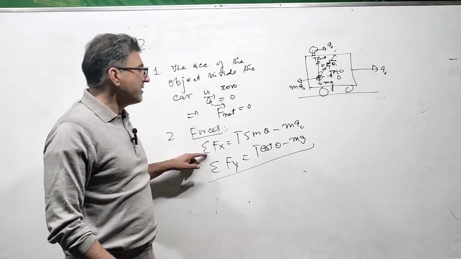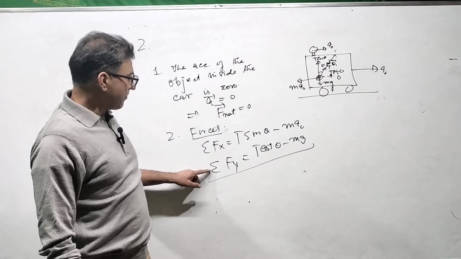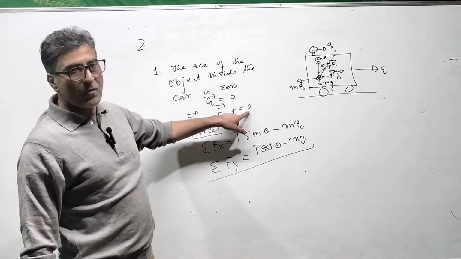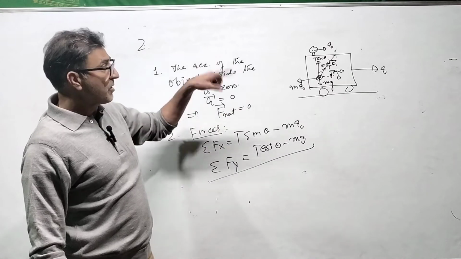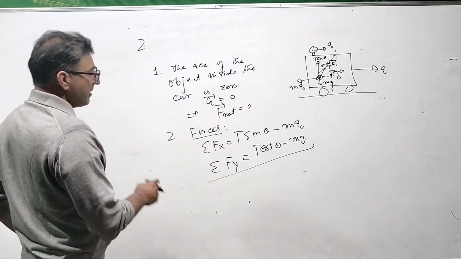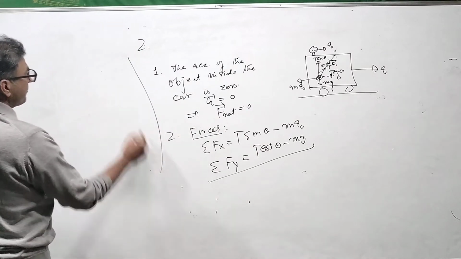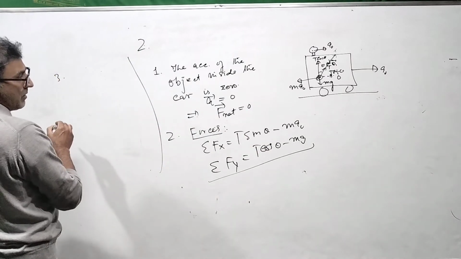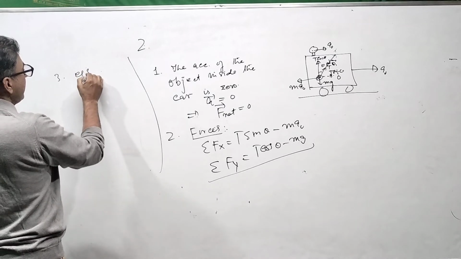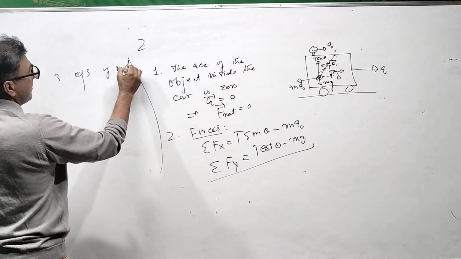He will measure the net force in the x direction as this, and in the y direction as this. But already the net acceleration is 0, as observed by the person inside the car. So what is he going to write? Third, the solution, equations of motion.